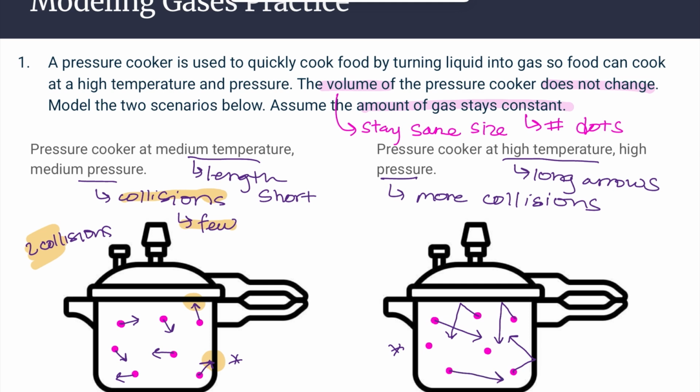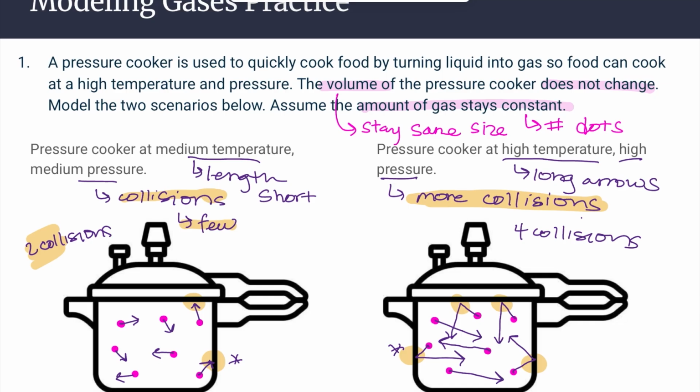We can still extend some of these really long. This one's going to bounce, and maybe this one goes this way. And so as I look at what's happening to my collisions, I needed more than 2. I've got 1, 2, 3, 4 collisions.